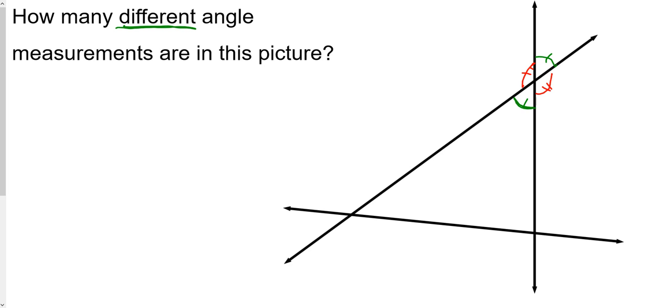And then I have the same thing down here as well as on the other side. So we're up to 4 so far. And then I have these two obtuse angles down here, and the last two are these two acute angles here. So as far as different angle measurements, I have 6 different angle measurements in this picture.